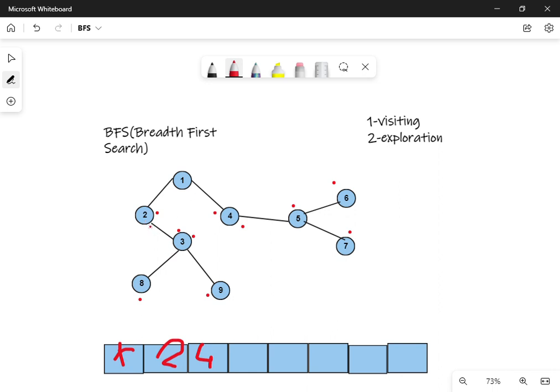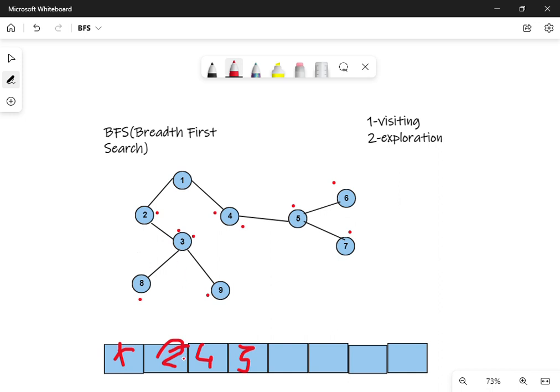So move towards the adjacent vertices of 2, which are 3 and 1. 1 was completely explored before, so you don't have to write 1 again if it is already written. So let's write the adjacent vertex of 2, which is 3. So 2 is completely explored now.